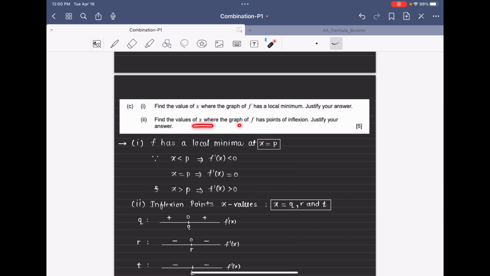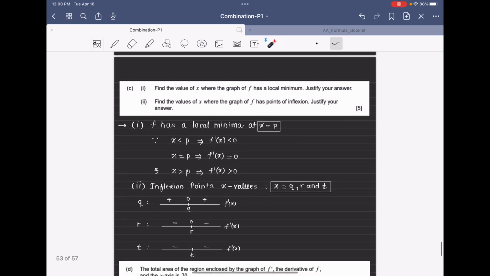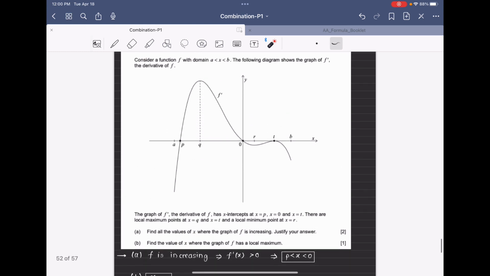Find the value of x where the graph of f has a point of inflection. Justify your answer. Inflection means what? Before that point and after that point slope is positive, or before that point and after that point slope is negative. And where do you see? At q, r and t. Why q?